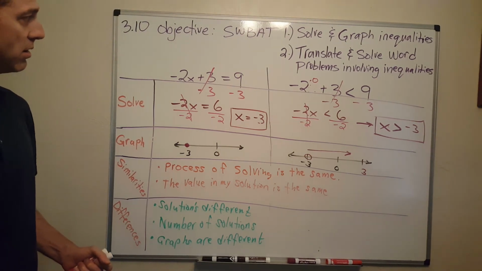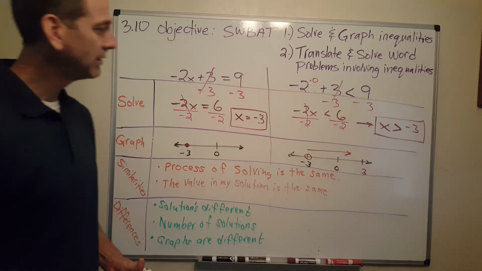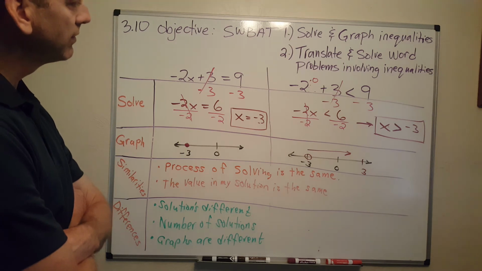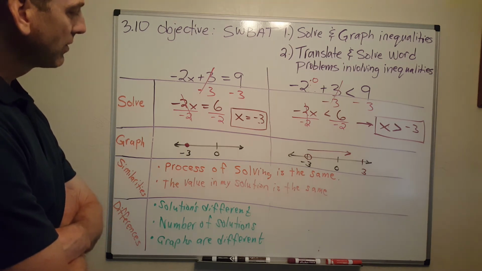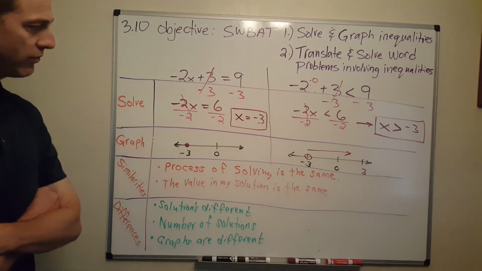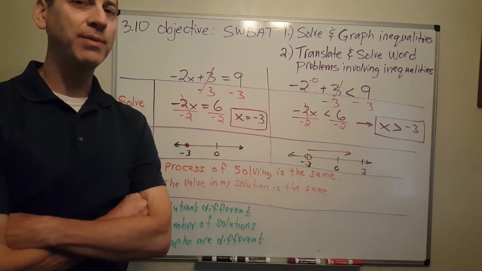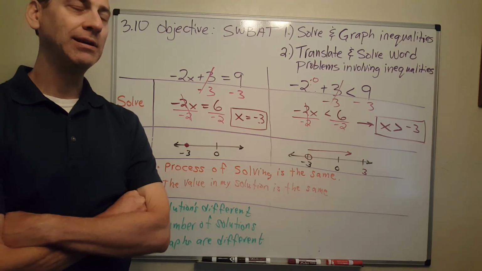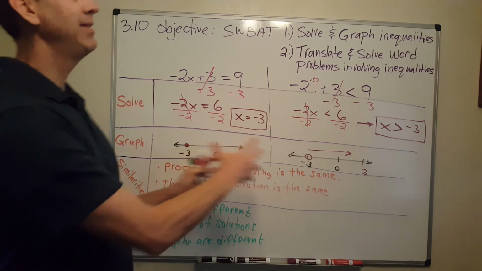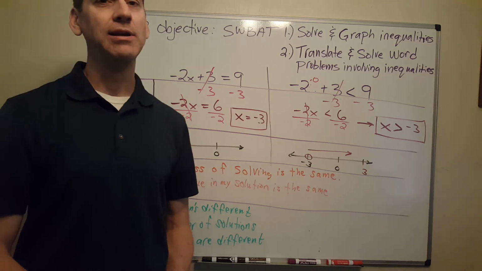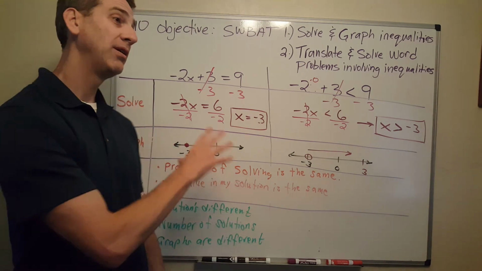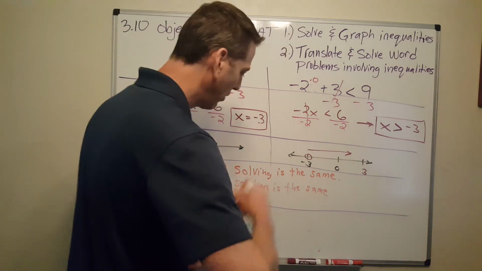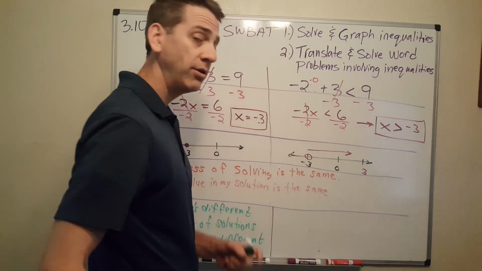Any other differences? I think there's one more difference and I'm not remembering what it is. But those are the main ones. I hope this was helpful for you to see both the similarities and the differences between equations and inequalities. Both are important.